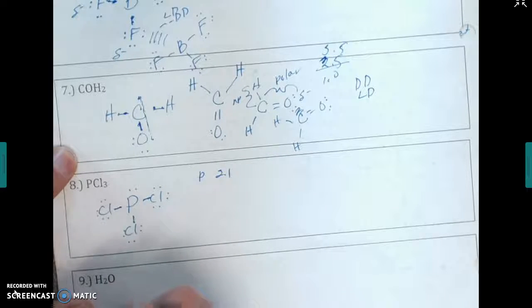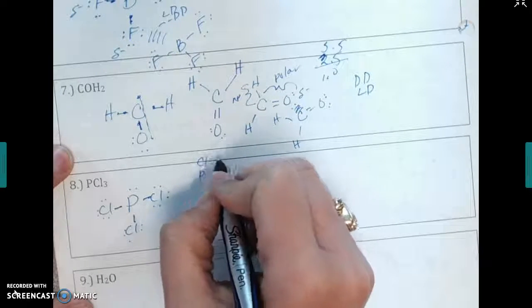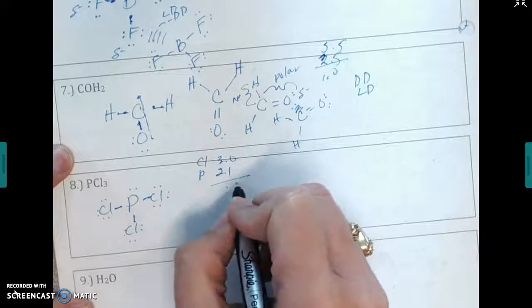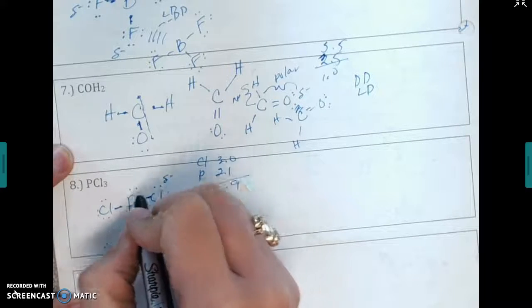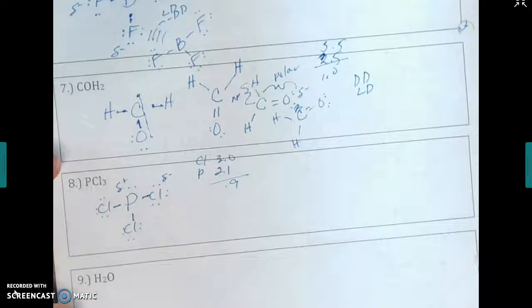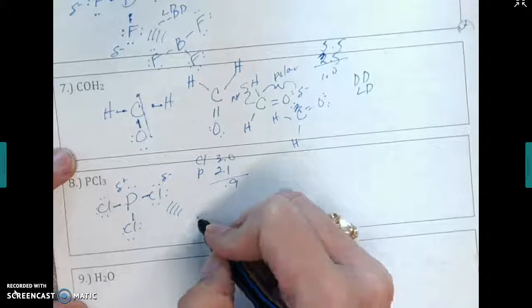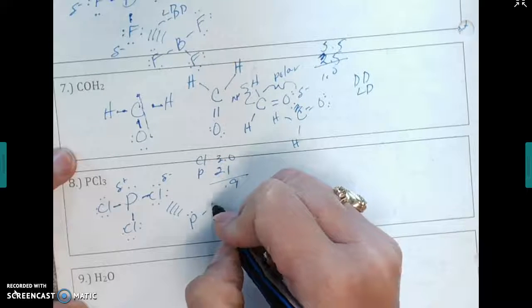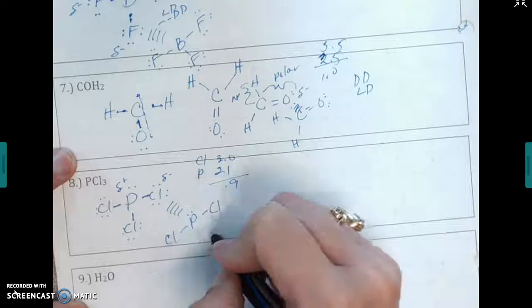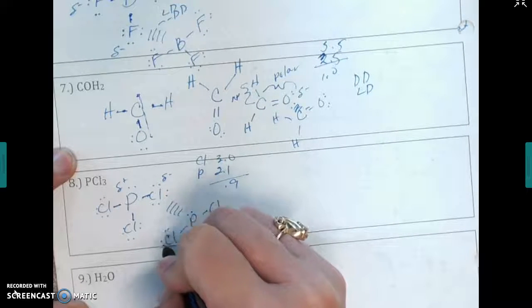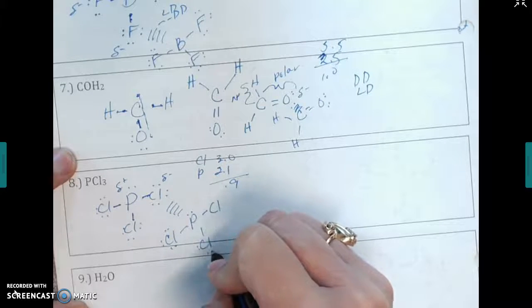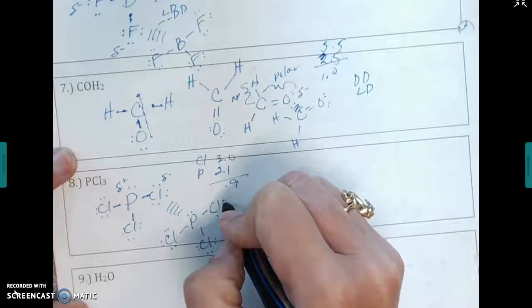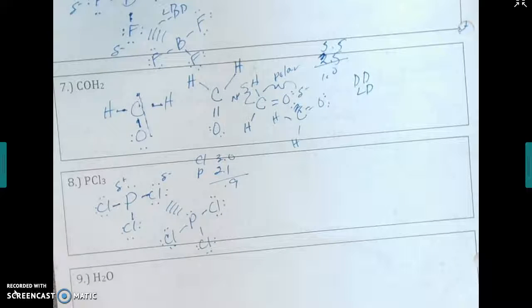Chlorine has an electronegativity of 3.0. So here, the chlorine is going to be slightly negative and the phosphorus is slightly positive. So we'll have an attraction here with phosphorus. And again, we'll have the London dispersion and the dipole-dipole.